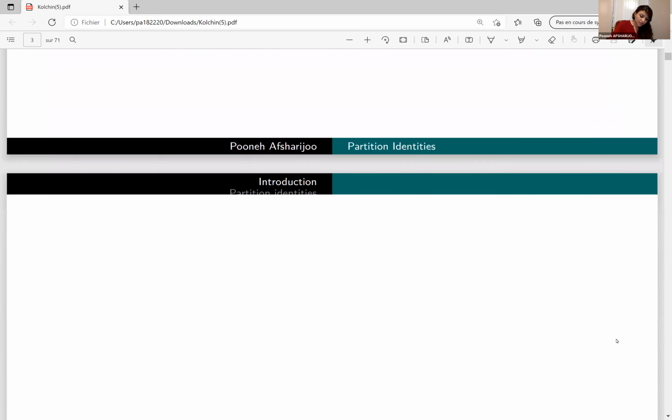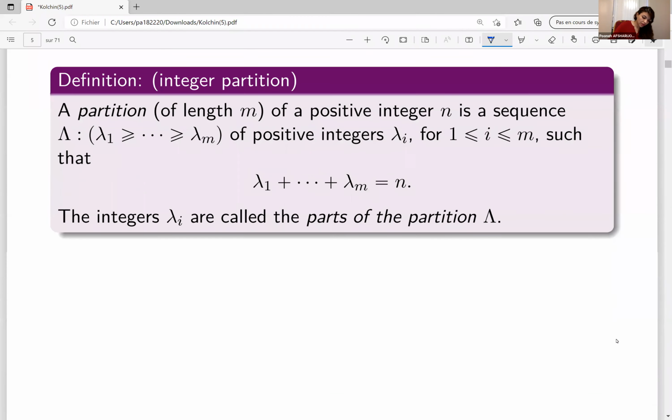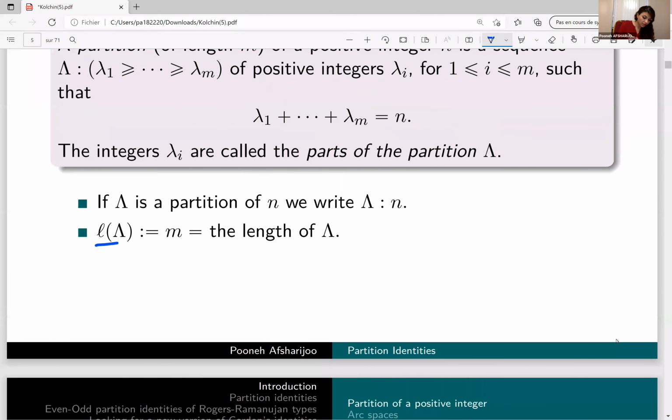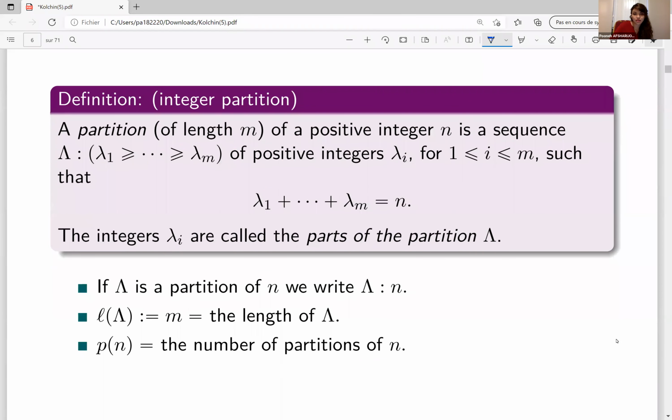If lambda is a partition of n, I will denote it by lambda ⊢ n. I will denote the number of parts of our partition by l of lambda, and the total number of partitions of n by p of n. By convention, 0 has one partition, which is the empty set.